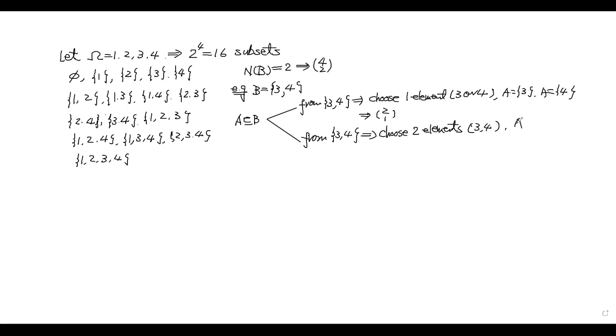So A is the subset {3, 4}. So what is the chance? The chance is 2 choose 2. And then the last one here is, from the {3, 4}, I choose 0 elements.